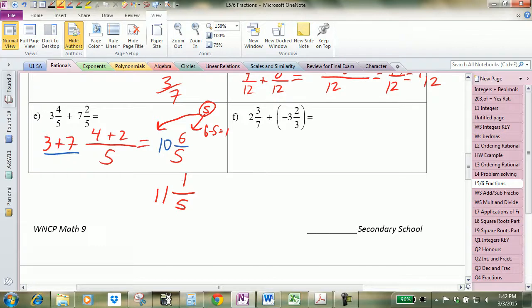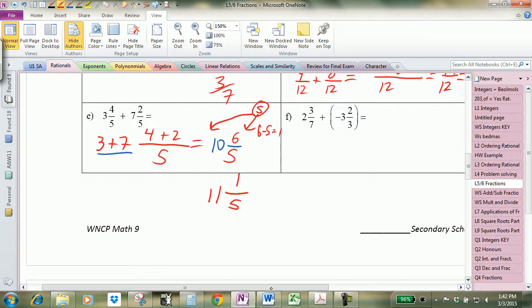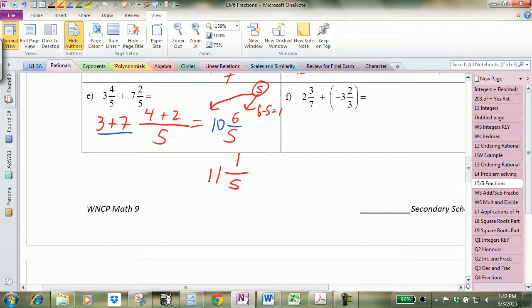Number F is really complicated. Yeah, go ahead, Chloe. Why did you add the whole numbers instead of putting them into improper fractions? Good question. Number 1, it's a bit of a shortcut. That's the short answer. Now I'll just show you real quickly. So 3 and 4 over 5 would be 19 over 5, plus 7 times 5, 37 over 5.